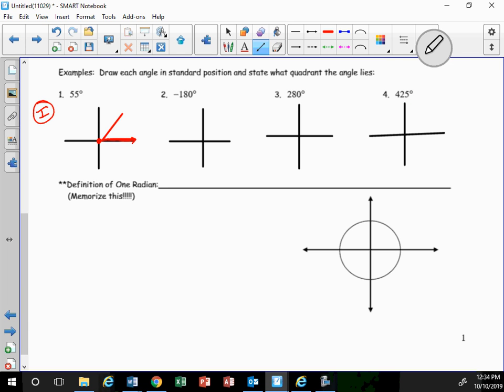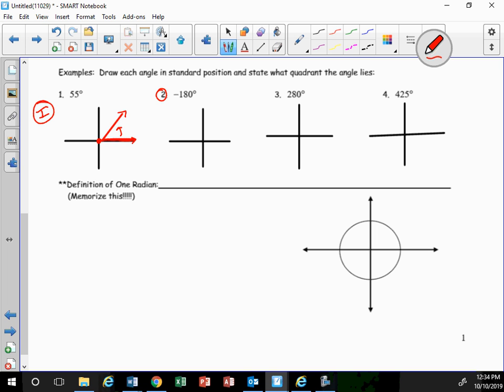I'm not going to be picky and say, oh, you graphed 58 degrees instead of 55 degrees. I don't care. Okay, not looking for perfect, just looking for approximately the right angle. And then draw your little arrow so we know that's the positive angle that I'm talking about. Okay with the first one?